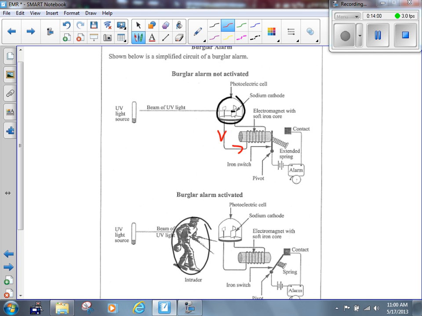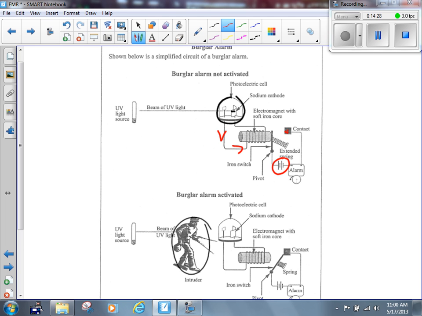They go around this electromagnet with the soft iron core, which causes this iron core to become magnetized. As it becomes a magnet, it pulls this iron switch away from this contact right here, which breaks this circuit down here. There's a battery in this, but the battery's not doing anything because there's no complete circuit. The alarm's off. As long as something above the threshold frequency is shining upon this sodium cathode, then this alarm is not going to go off.